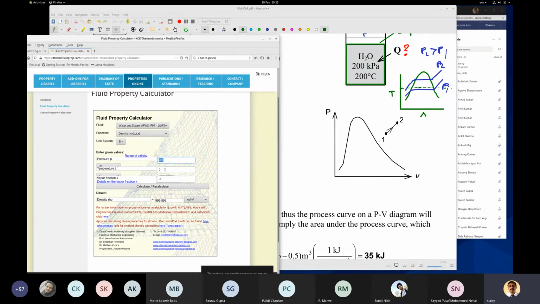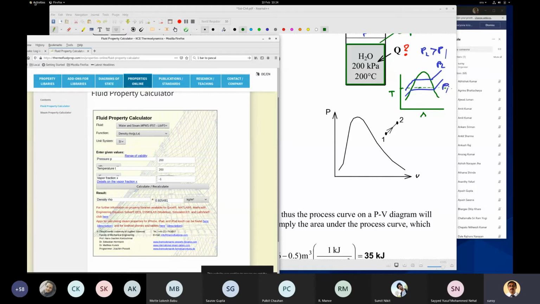So 200 kilopascal and 200 degrees centigrade. We don't have to specify the other. So 0.92548, that is the density, kgs per meter cube.